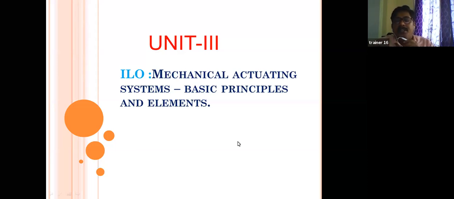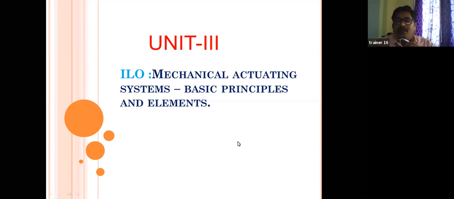In the beginning, the syllabus mentions hydraulic systems, what a fluid system is, hydraulic system, pneumatic system, electro-hydraulic and electro-pneumatic, hydro-pneumatic, hydraulic servo, like that. After that, it mentions this mechanical actuation system, basic principles.